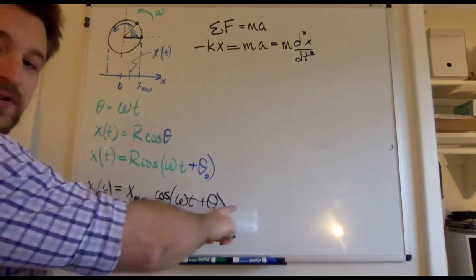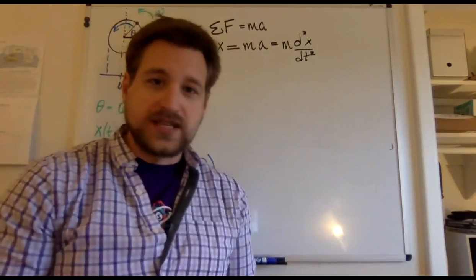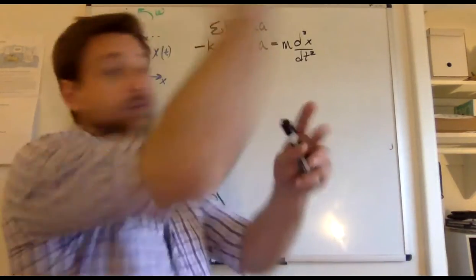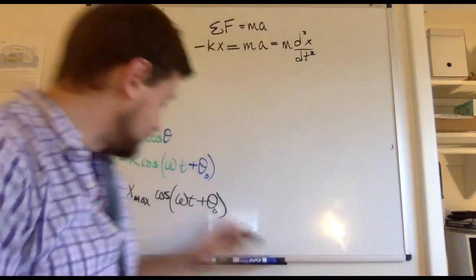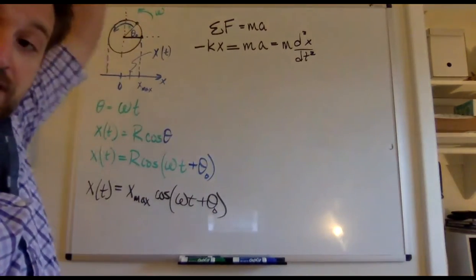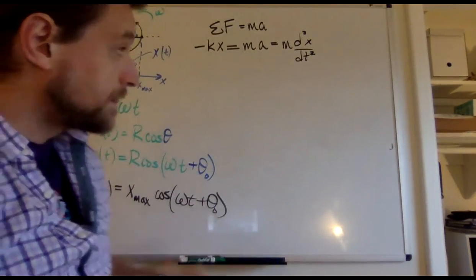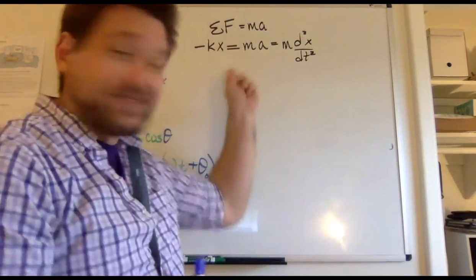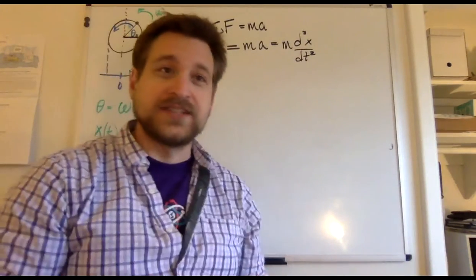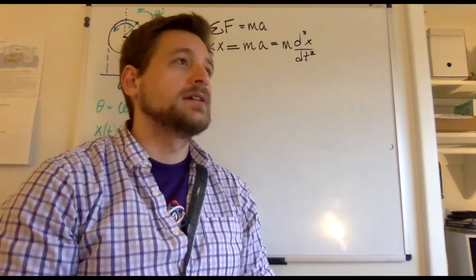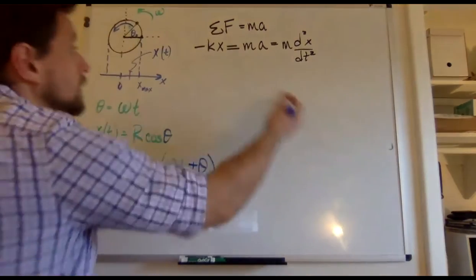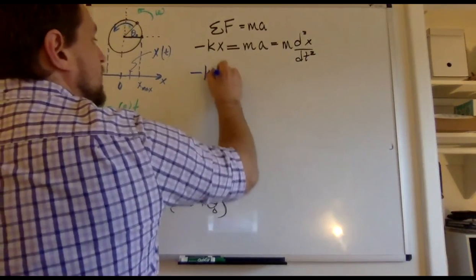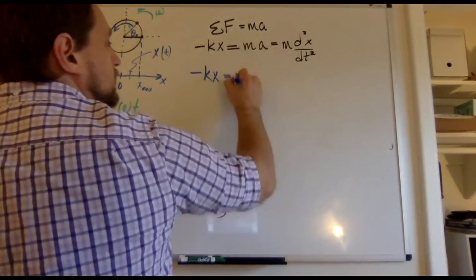If this prototype satisfies Newton's second law, then the thing that we're imagining, this Platonic circle rotating somewhere in Plato space, is capable of solving Newton's second law to describe oscillation. Okay. Fine. So negative kx equals m.